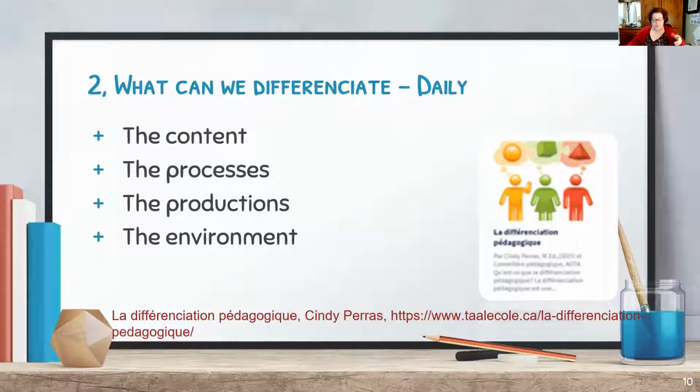You can differentiate the process as well. So the activities will be offered to the students with a variety of challenges and a variety of different levels of support. For example, if in your classroom you have some students that are strong and some students that have more difficulties, you should be giving the stronger ones activities with a little bit more challenge.